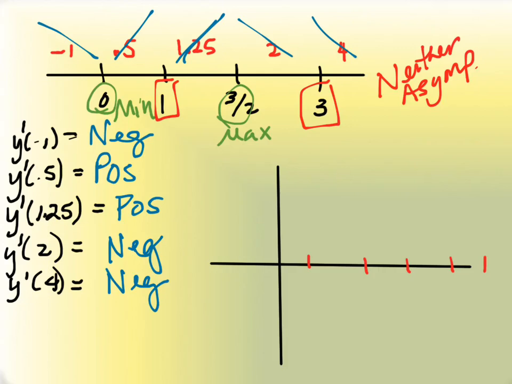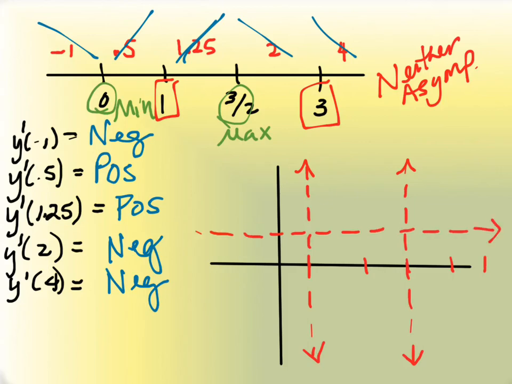Yeah, 3 and 1. So here's the one at 1. Remember, you draw asymptotes dotted. And then we have one at 3. And we know that my y equals 1 is also an asymptote, so it looks like this. All good so far?